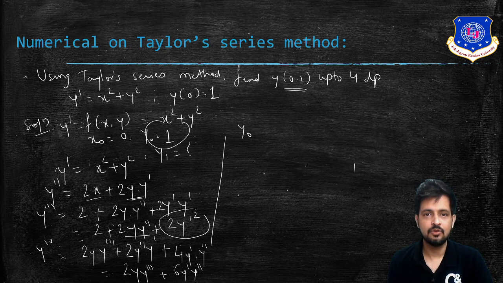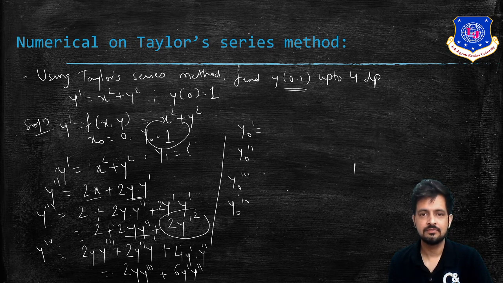Now what do we have to find? We have to find y0 dash, y0 double dash, y0 triple dash, and y0 fourth derivative. How can we find this? In place of x and y we place the values of x0 and y0. So y0 dash can be written as x0 square plus y0 square. y0 double dash is 2x0 plus 2y0 into y0 dash.